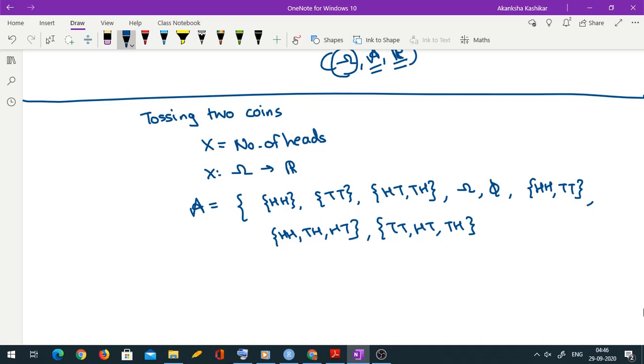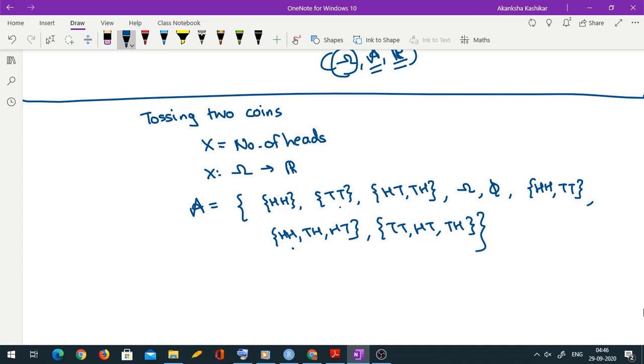Union of all is just Omega. So I think we are done. We are not left with any more sets, right? We also of course need complements of these and unions, but they are taken care of, I think. Complement of HH, TT is HT, TH, complement of this last set is HH, complement of second last set is TT.